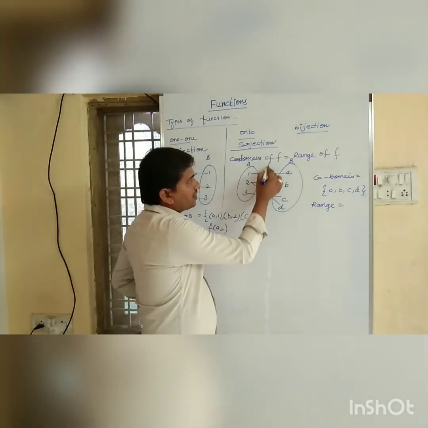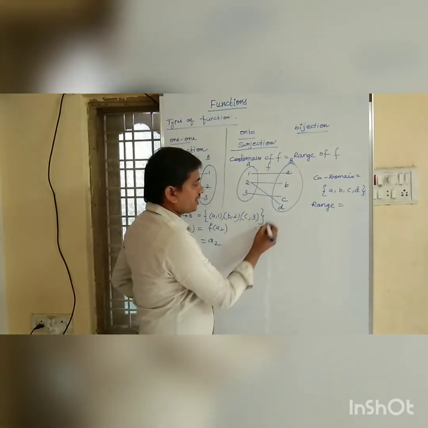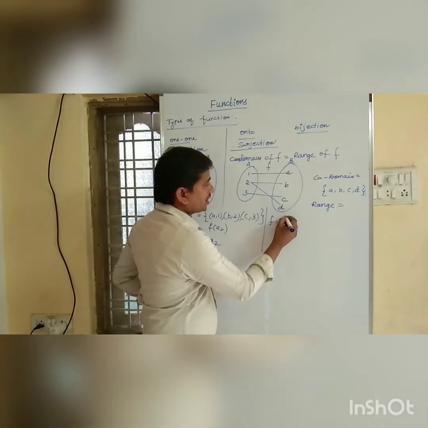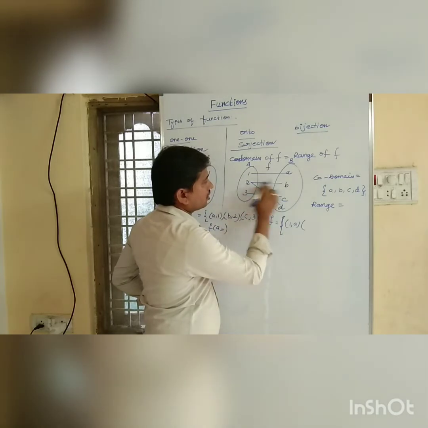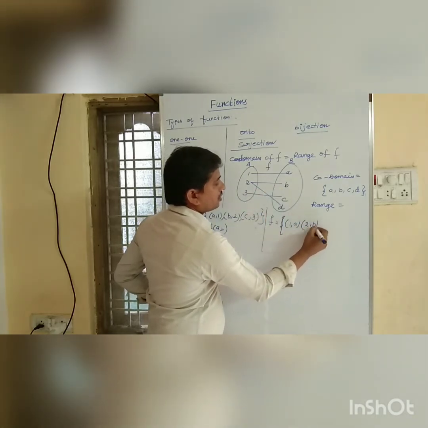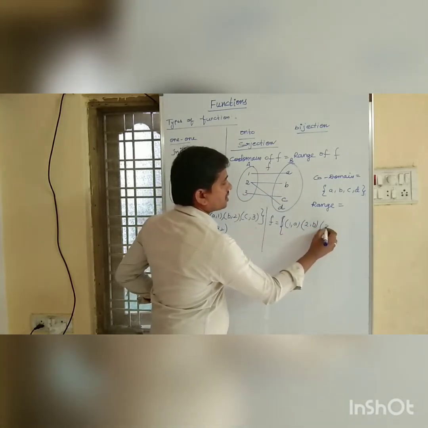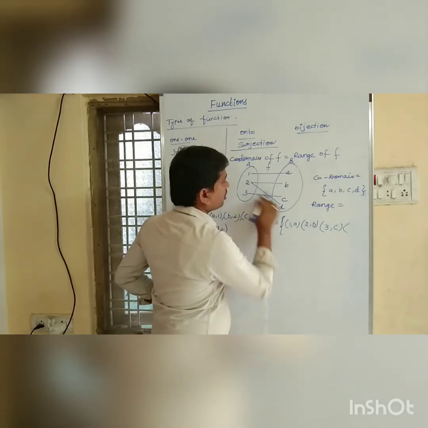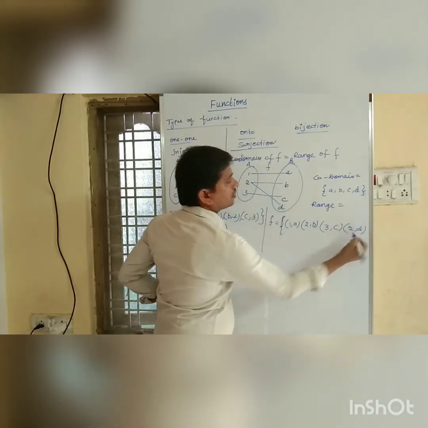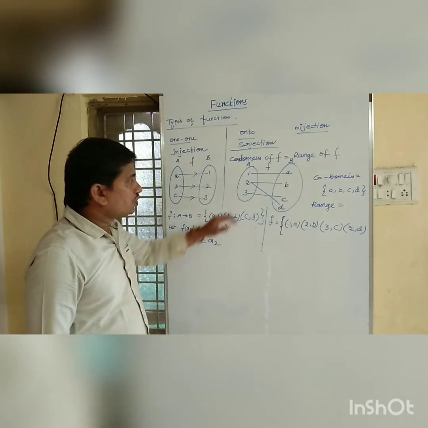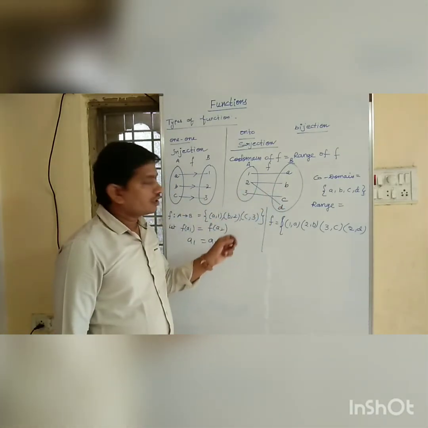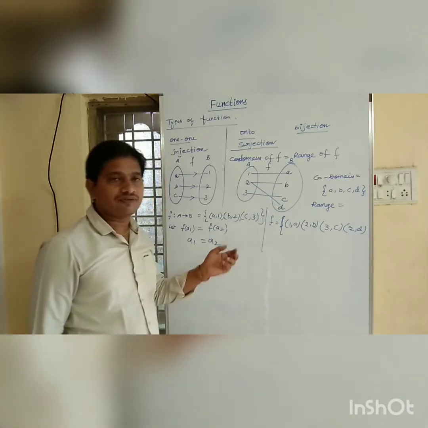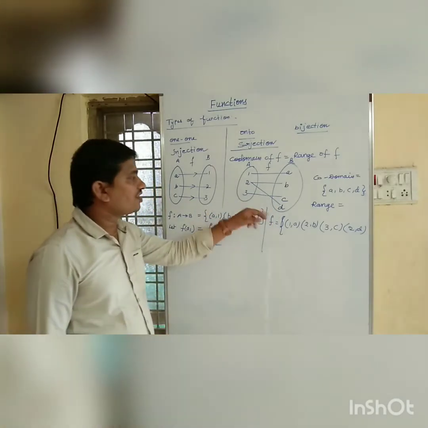See, f is a relation from A to B. Let me write the function f, that is (1, a), (2, b), (3, c), and (2, d). Don't confuse, sir. Already here 2 is mapping with b. Can 2 map with d? Yes, of course, children. 2 can also map with d.